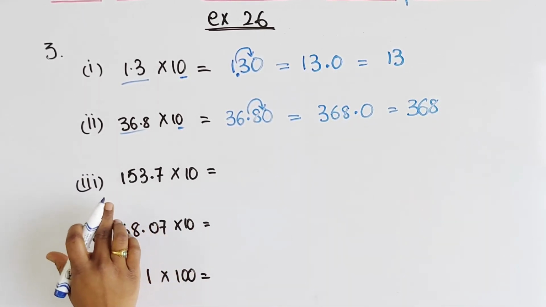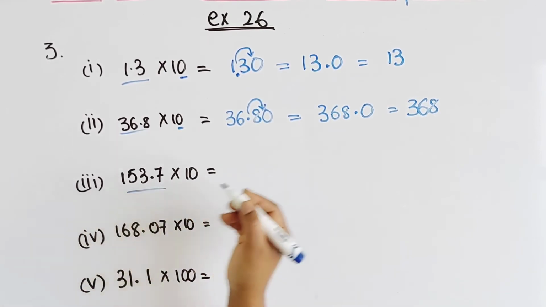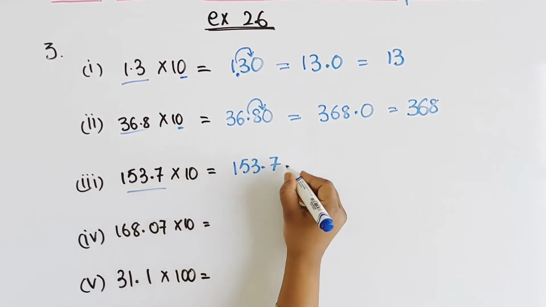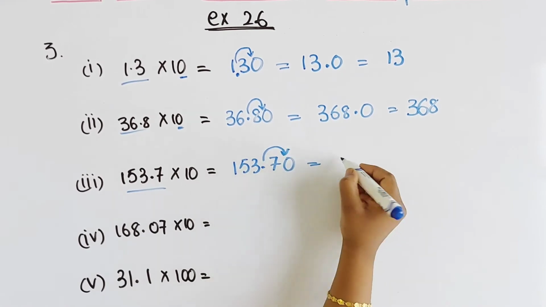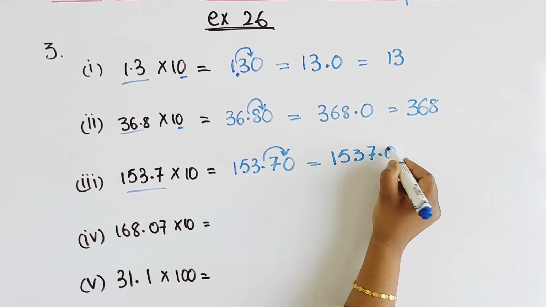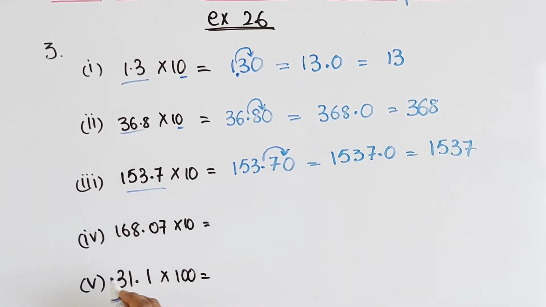Next one, 153.7 into 10. So here also write the number as it is. 153.7 into 10 means 1 zero. Right. Now this point will move to the next number. So the answer is 1537.0. That means 1537. Right, children?